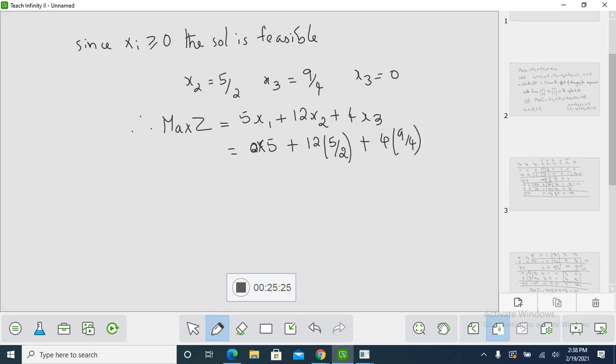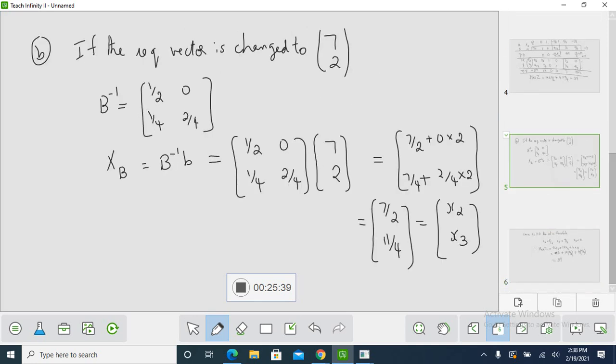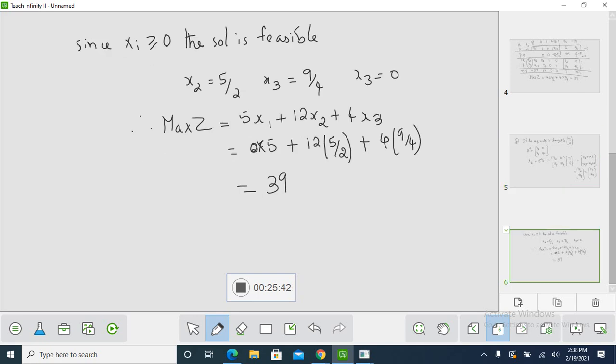Now look at this. Here the final value also seems to be the same, 12 into 5 by 2? Here it is 7 by 2 and here it is 11 by 4. So please substitute 7 by 2 and 11 by 4. That is your value.